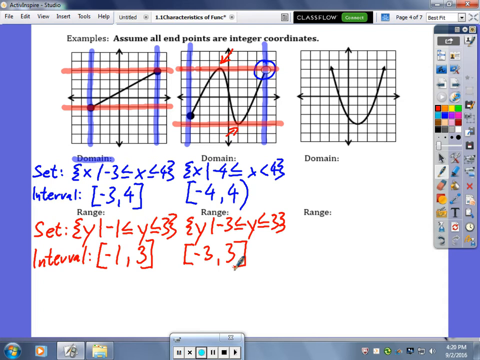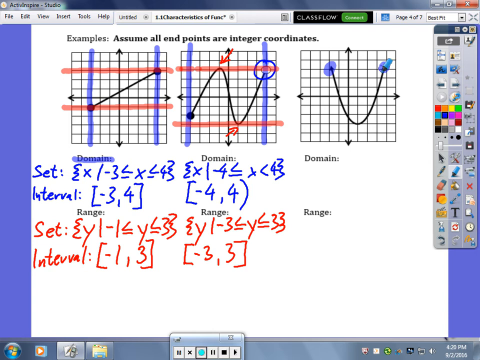Let's look at the next example, which is a little different, as you will already have seen most likely. Looking and thinking about our domain, we see an arrow here, and this arrow indicates to us that while the curve goes up, it also keeps going further and further to the left, so there is no lowest value. And the same actually happens on the right with this arrow. There is no greatest value that's part of this curve.